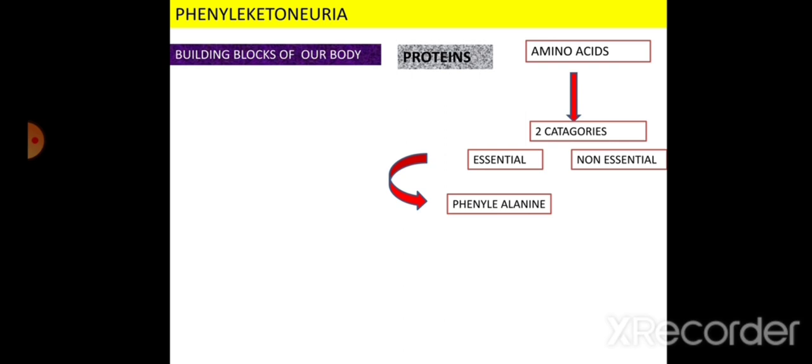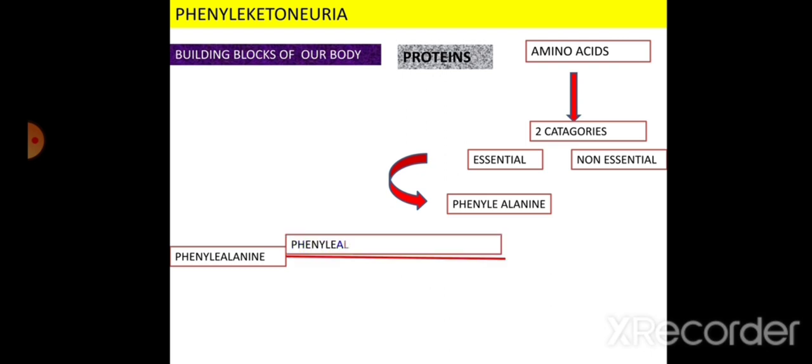So when we supply phenylalanine to our body, it is converted into another amino acid called tyrosine. For the conversion of phenylalanine to tyrosine, there is a need for an enzyme called phenylalanine hydroxylase, abbreviated as PAH, because of which phenylalanine is converted into tyrosine.